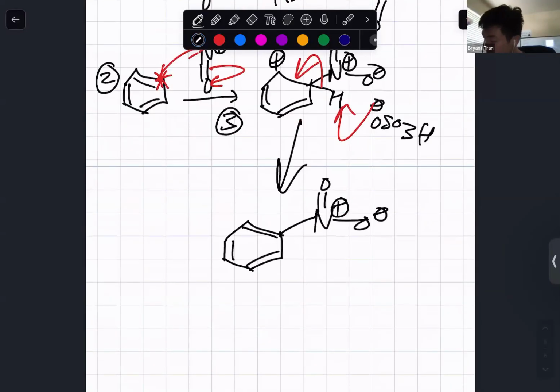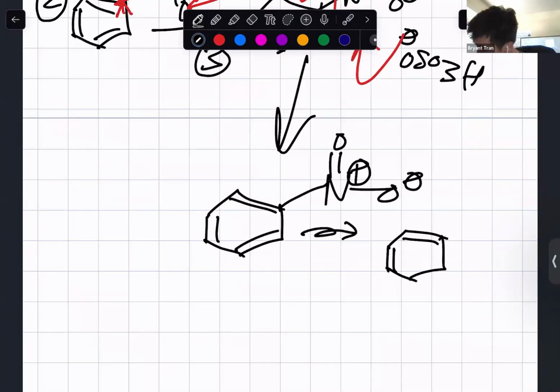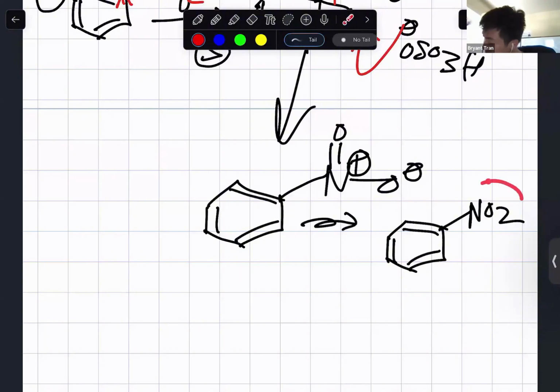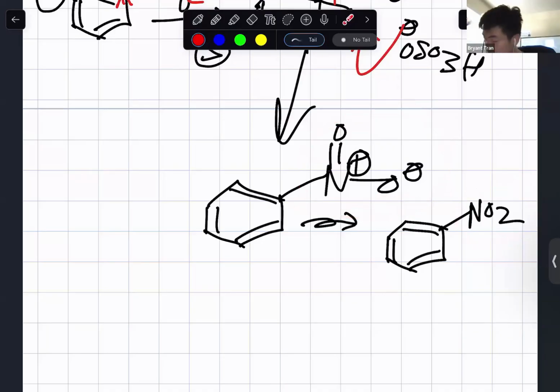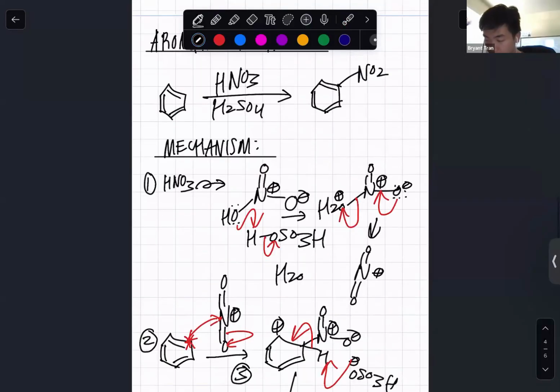Like that, right? And you don't have to draw it out like this in the predicted product. You could have also drawn it like this to make it more clean, like that. But know that this NO2 here looks like this when it is expanded out. Okay. Any questions on the nitration reaction and mechanism?